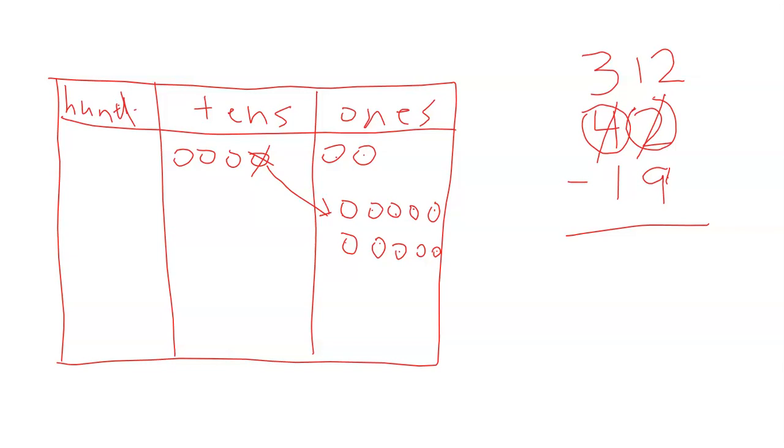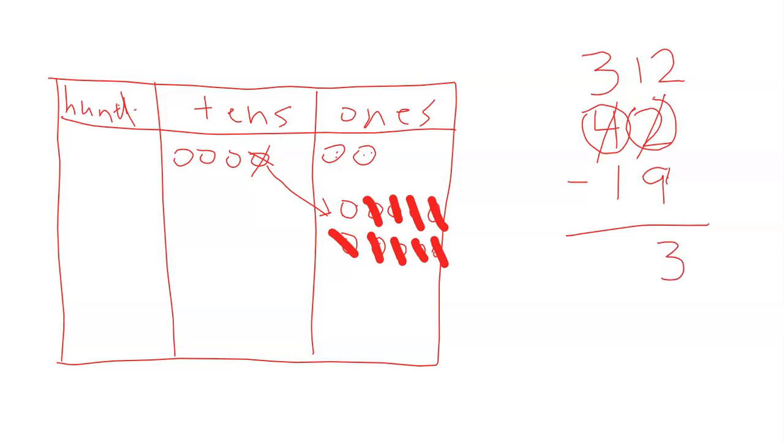So I'm going to go ahead and cross them off. Let me cross them off here with a little bit larger one. 1, 2, 3, 4, 5, 6, 7, 8, 9. Okay, now by crossing those off, let's see how many I have left. 1, 2, 3, and I know 12 minus 9 is 3.